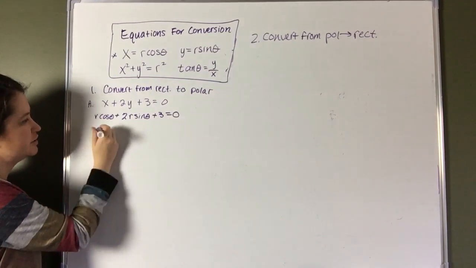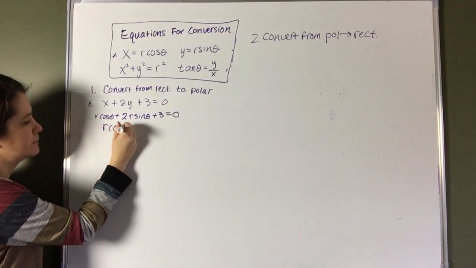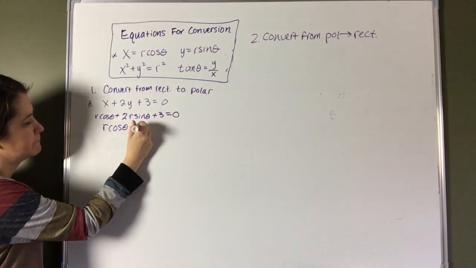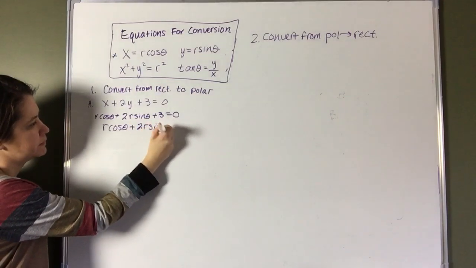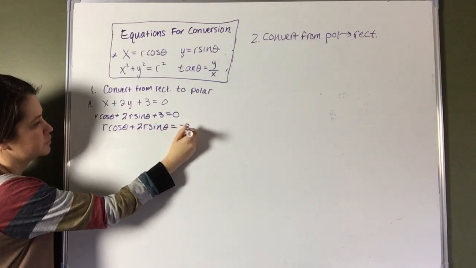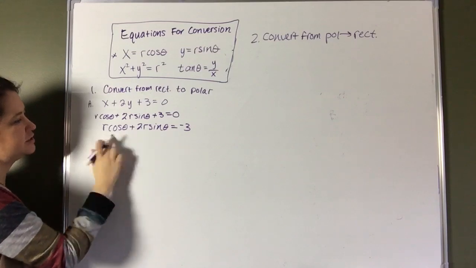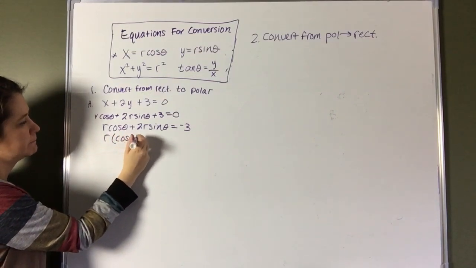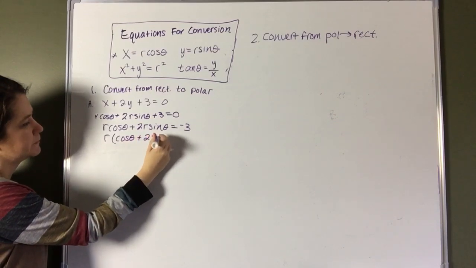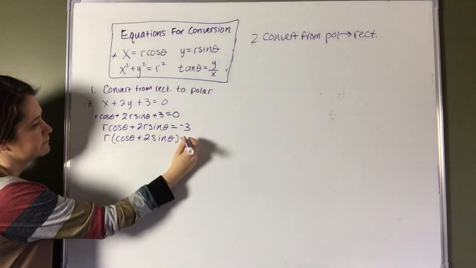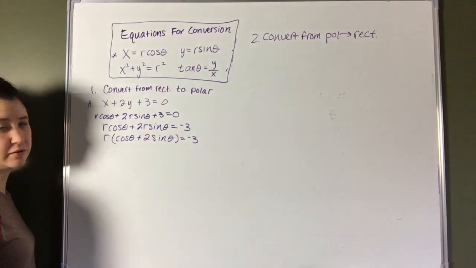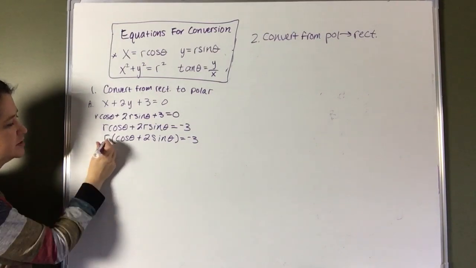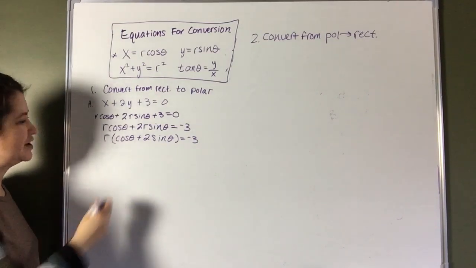Let's move this 3 over since it doesn't have an r. And now that both of these terms have r, we can factor r out. Okay, and then, since this is multiplication here, we can divide.